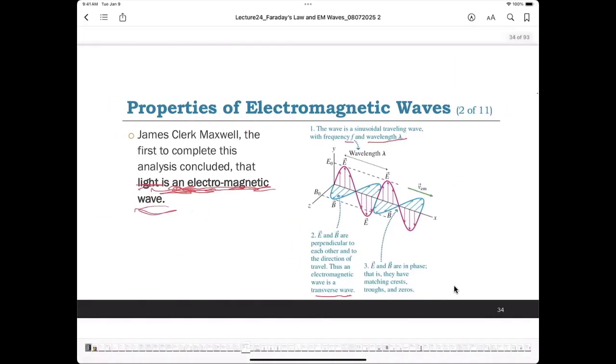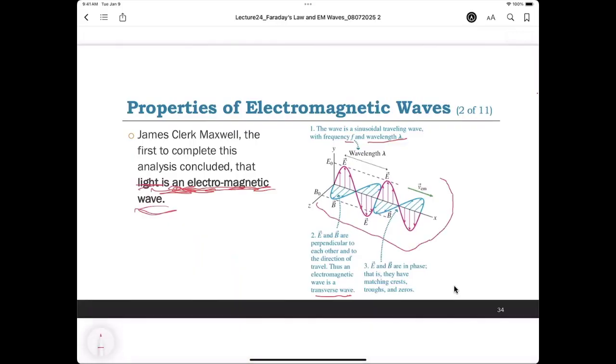This is what electromagnetic waves look like. An electromagnetic wave involves two different features, a magnetic field and an electric field, and those two interact with each other and travel like a transverse wave.